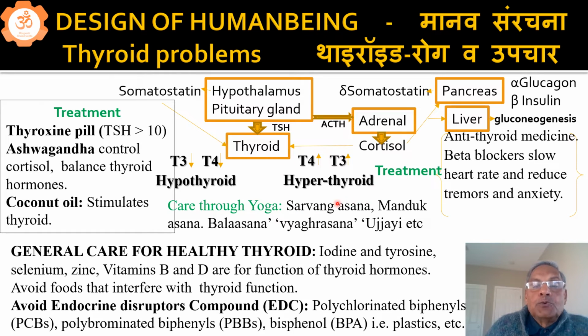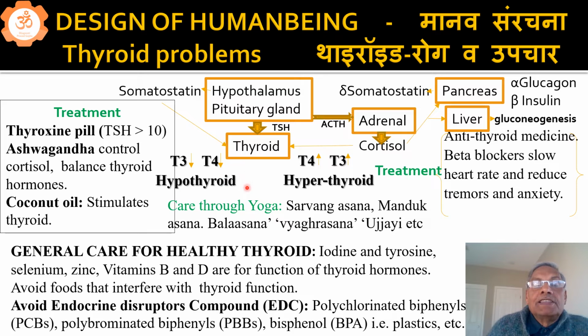Now what should we do so that our thyroid is normal and there is no problem? For this T3, T4 hypothyroid, the problem is that thyroxine is released less. It means that hypothyroid should be treated if we provide more thyroxine.